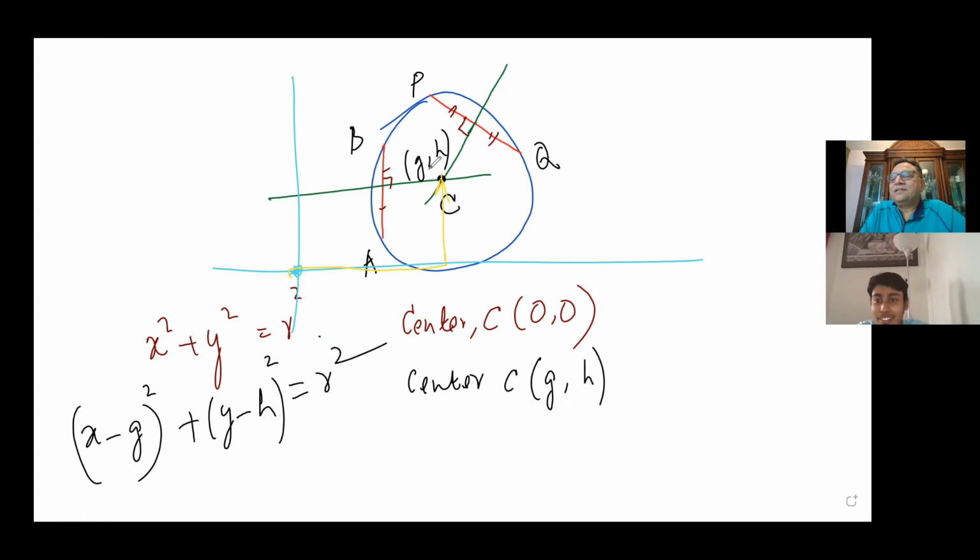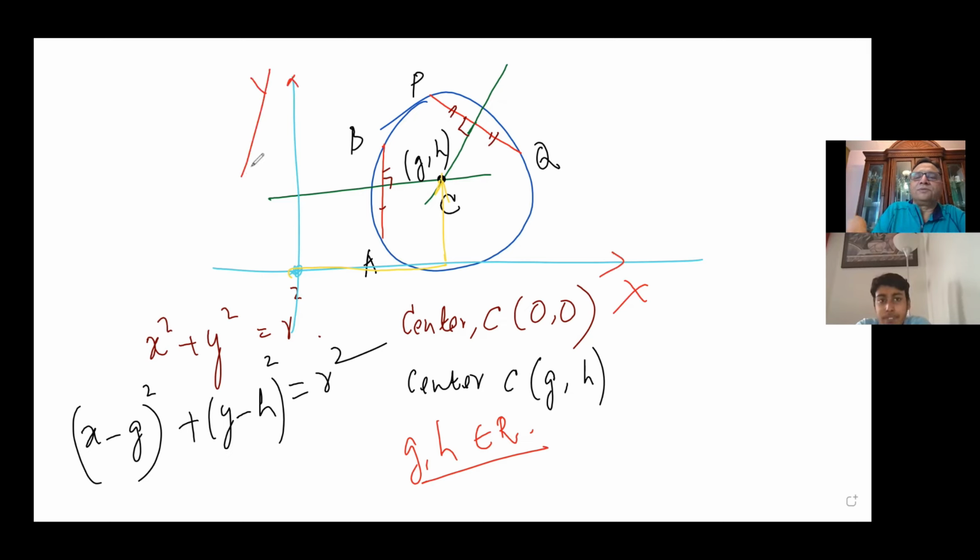Anything. g could be any real number, right? So g and h belong to the real numbers, any real number. Is that clear? The coordinate plane gives you all the real numbers. So that is how we should interpret the circle. Is that clear to you?